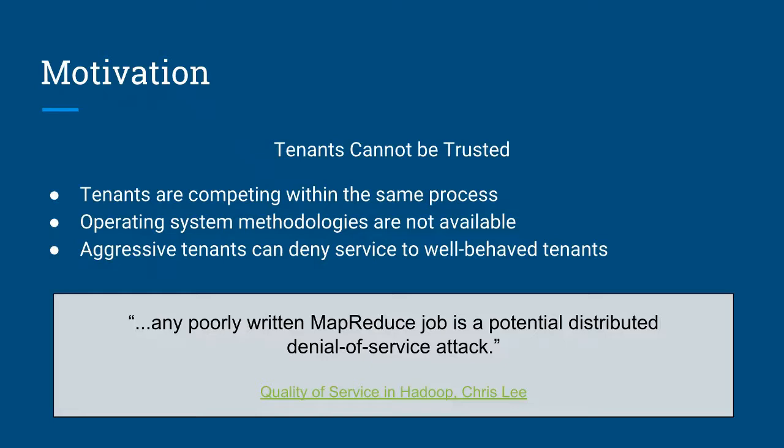One of the things they cited in this paper was a quote by Chris Lee, written in a blog post called Quality of Service in Hadoop, and it says, any poorly written MapReduce job is a potential distributed denial of service attack. If you think about MapReduce as a way of solving problems, you are taking something and doing it in a highly parallel fashion for the purpose of utilizing resources as quickly as possible.